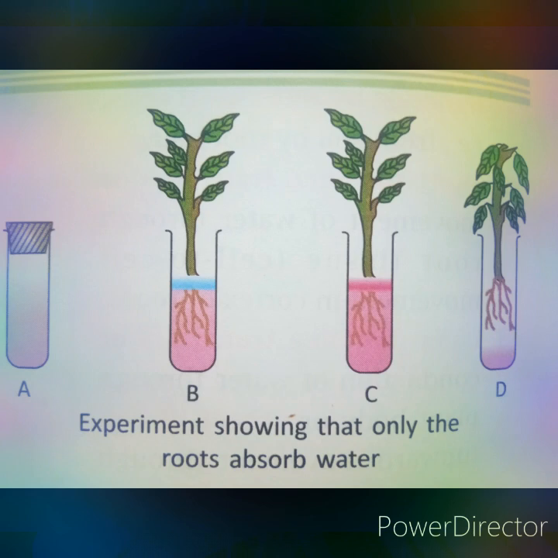In test tube C, you will see that the roots are absorbing the water, and it is also evaporating out of the test tube, because we haven't put mustard oil there to stop the evaporation. Then in test tube D, the roots are not reaching the water, so it is not absorbed by the roots. It is a little bit evaporated, but there will not be much change.